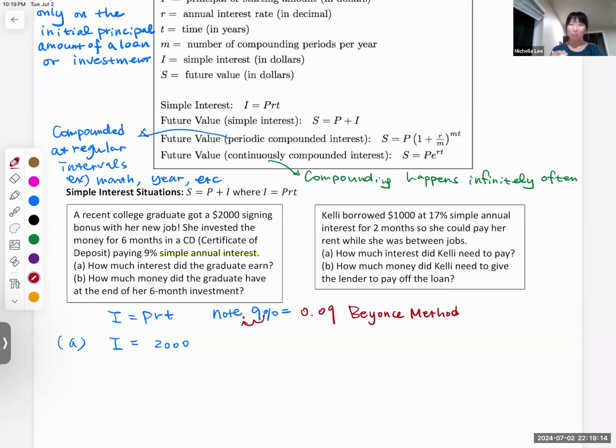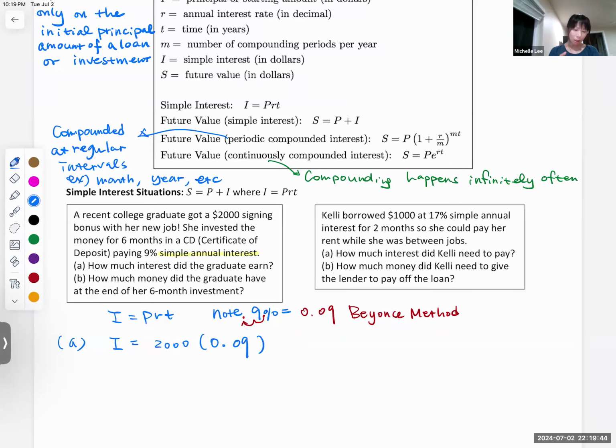Okay. So we have a percent, we want to convert to the decimal. We multiply by 0.01, which means we move the decimal point to the left twice, right? So we have 0.09.